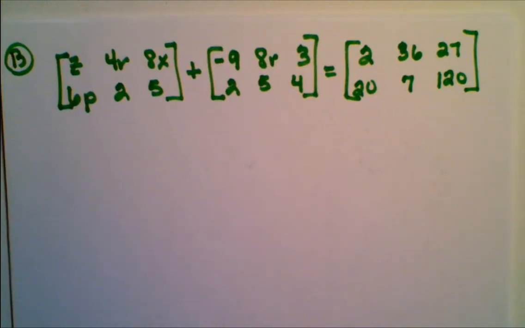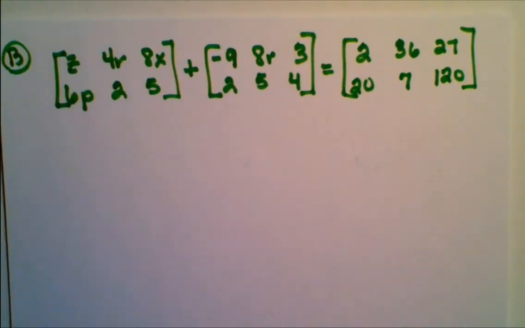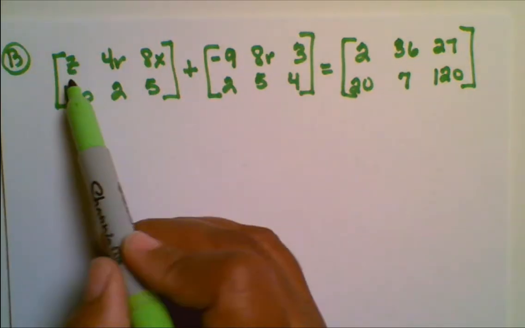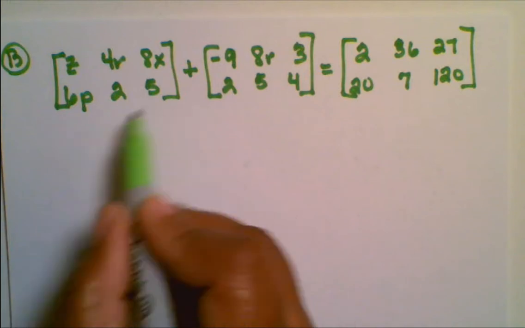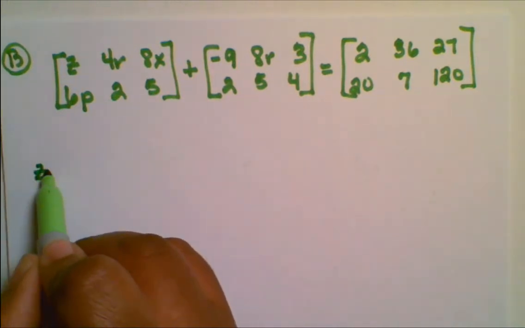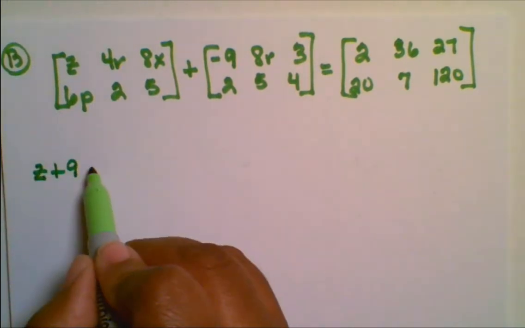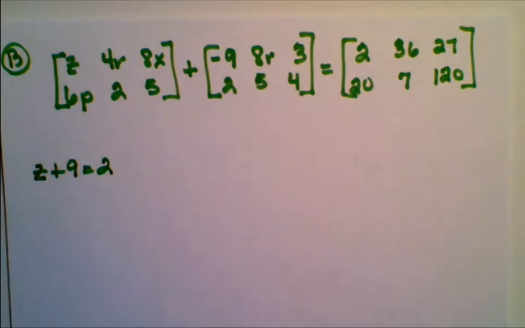So let's look at each row, each column, the elements in each matrix, and we're going to match the corresponding positions. So first row, first column, we have here Z plus 9 is equal to 2.